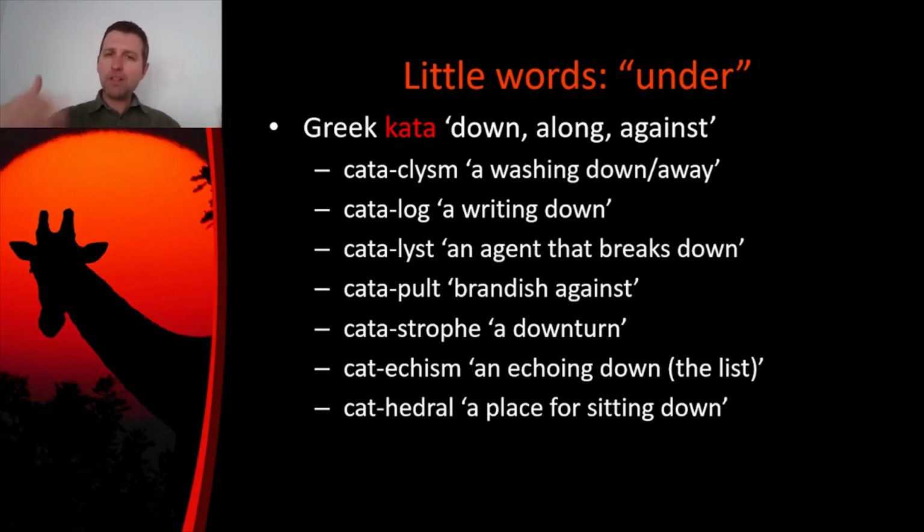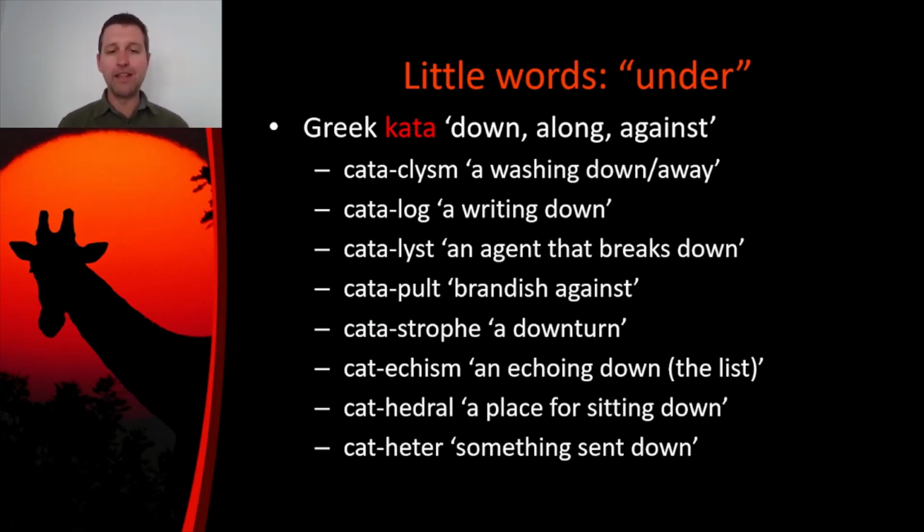And then due to some geopolitical changes that happened in the early Middle Ages, this came to be really a church or a place that a priest would sit or something like that. But a cathedral literally just means a place for sitting down. Kind of different. Catheter is something sent down. It's something sent down into an artery or a vein or whatever. That's all a catheter means.